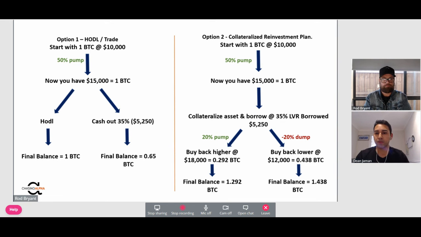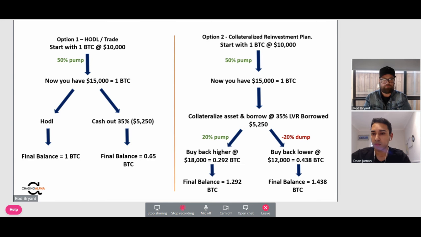Let's say you want to reallocate it to BTC, but while you're deciding where to put it, the market dumps from 15,000 down to 12,000. Great, you can buy back 0.438, almost half a Bitcoin, using that loan. It gives you a final balance of 1.438 BTC.